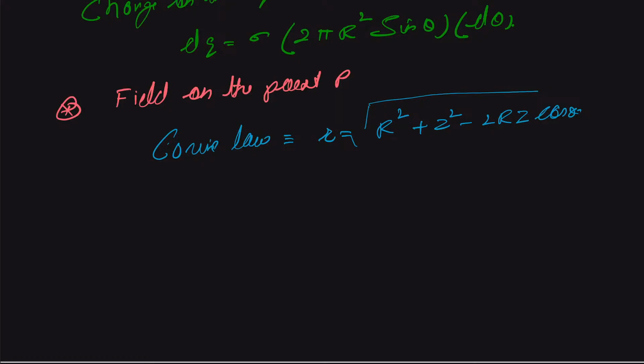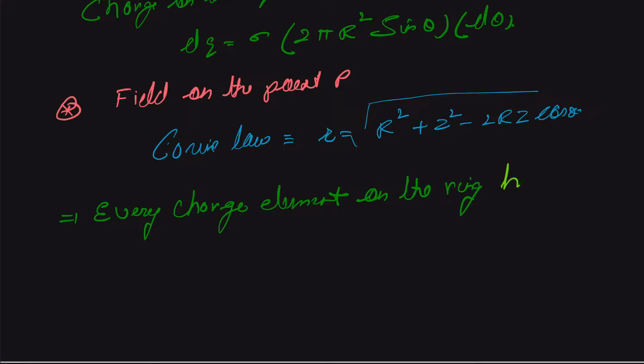And therefore we can say that every charge element on the ring has a partner on the opposite side.